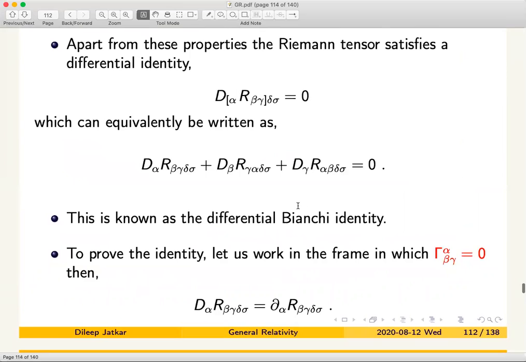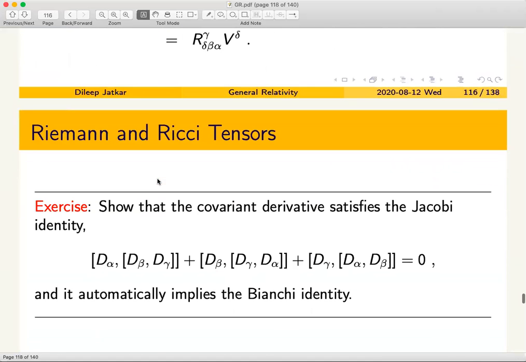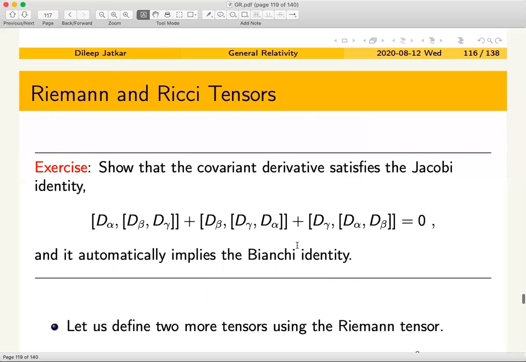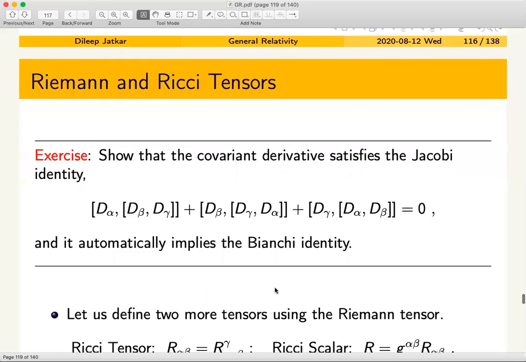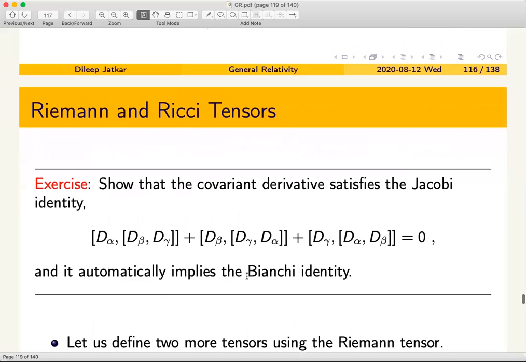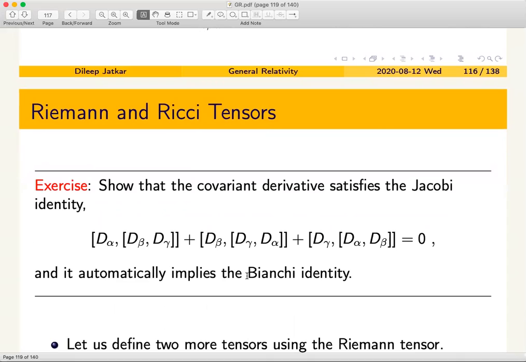It's not very difficult to guess how you would get it, because in the double commutator, the inner commutator already is related to the Riemann tensor. So what you really need to do is take this equation and act it on a contravariant vector, just follow what we have done, and check what you get. You should be able to recover the differential Bianchi identity. So is this okay? It is some kind of a recap of what we did last time, but any questions about that?